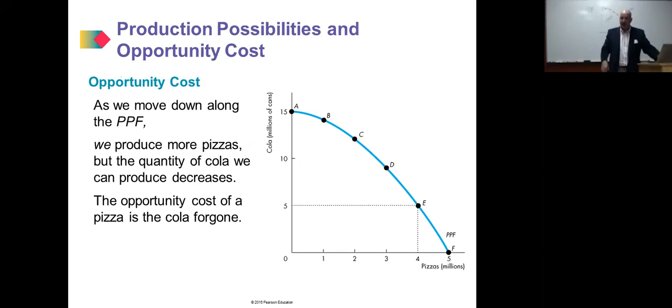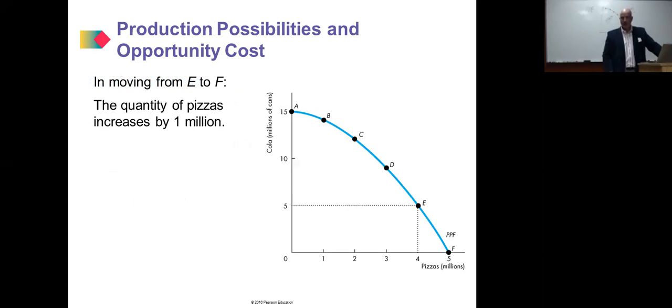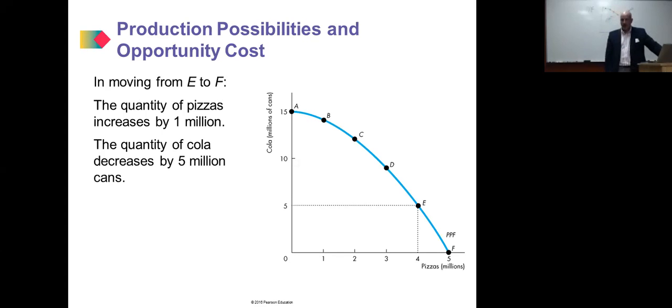Now remember the opportunity cost. What's the highest value of the item foregone? Well, in this case, we're looking at pizza and cola. So the opportunity cost of pizza is the amount of cola foregone. And when we move from point E to F, the quantity of pizzas increases by 1 million, but we decrease cans of cola by 5 million.